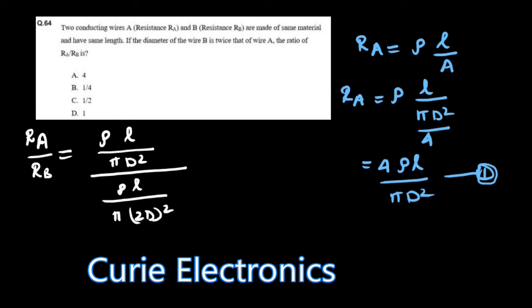Now if we simplify, the rho L cancels, pi cancels.